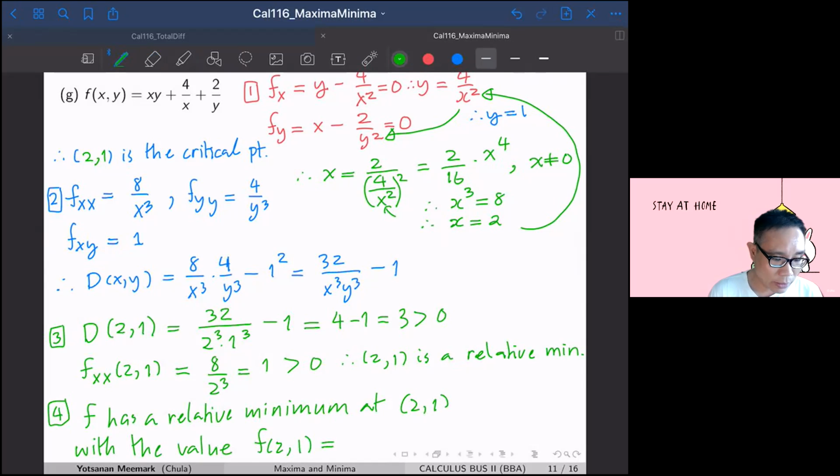So you plug in x equal to 2, y equal to 1. So it's going to be 2 plus 2 plus 2 plus 2, so it's going to be 6.